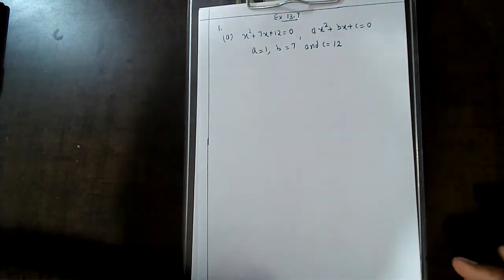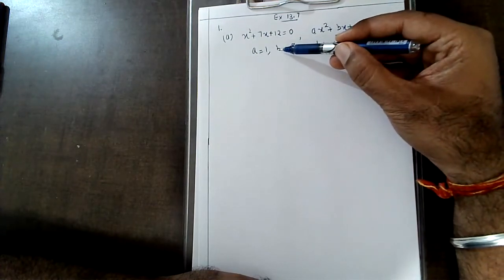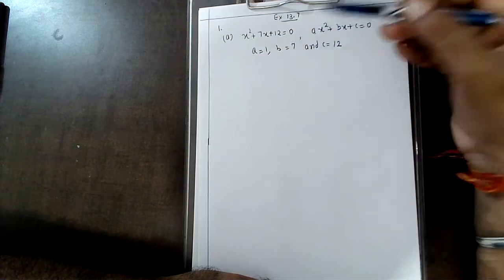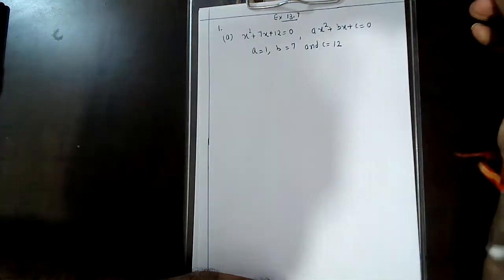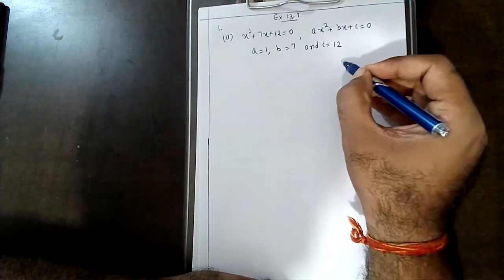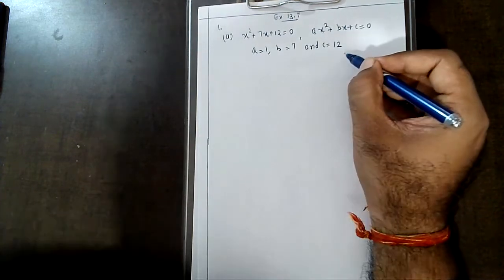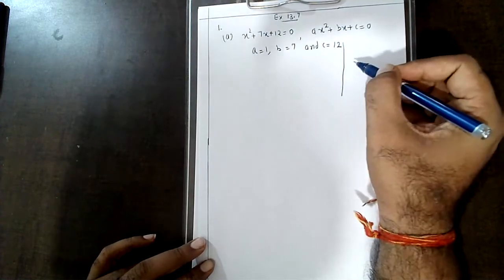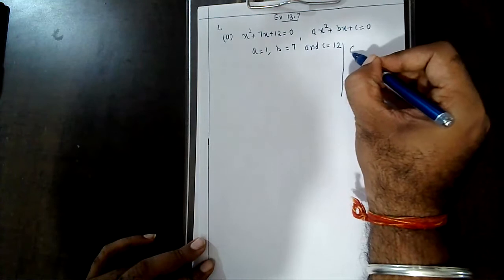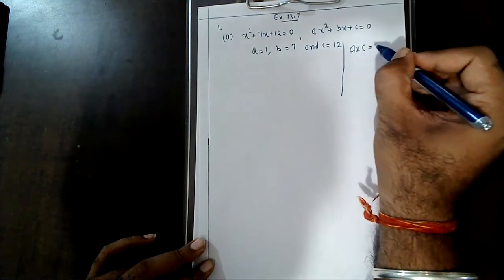We have to split the value of b, that is 7, with some conditions. Those conditions are, let us see. Here, find the product a into c.